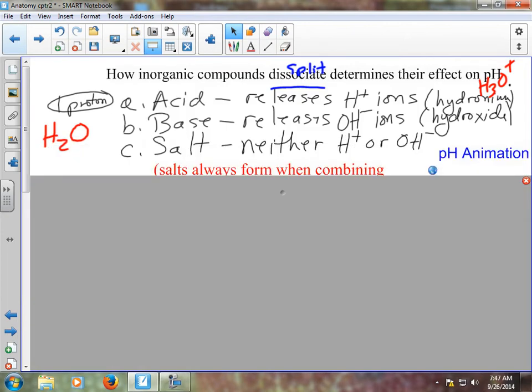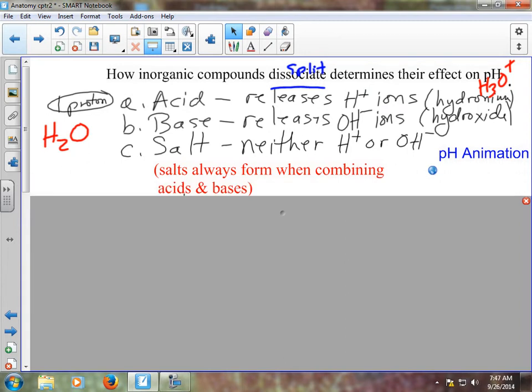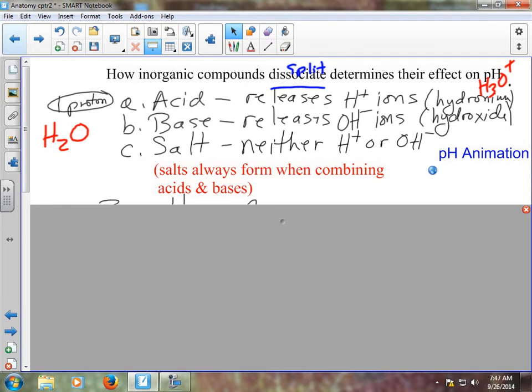Well, let's look at the one that doesn't really fit any picture. The salts. And most of us think of sodium chloride, which is a salt. It's not the only salt, but it is a salt. Salts, if I look at their formula, they don't have H or OH.